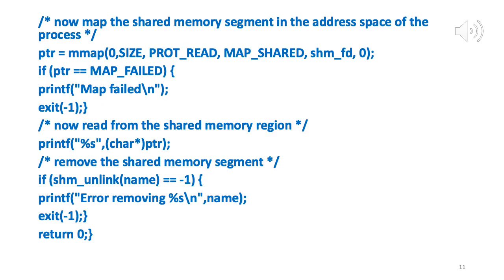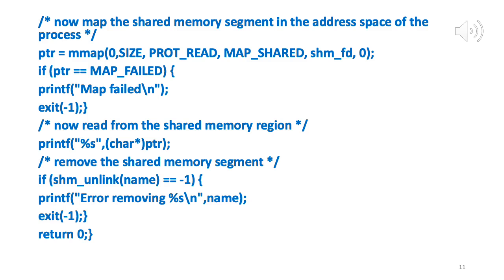Okay, now I am on slide 11, and we have to now map the shared memory segment in the address space of this process, of the consumer one. So note that every process that has to use that shared memory has to map that shared memory segment to its address space, right? The producer did it, now the consumer has to do it as well. Okay.